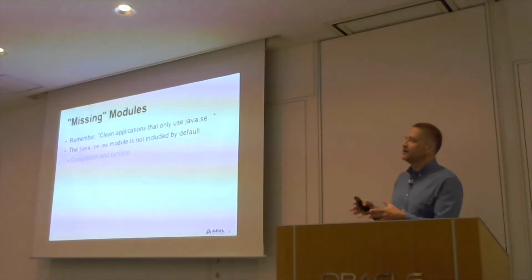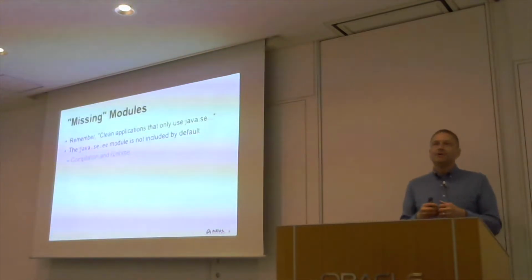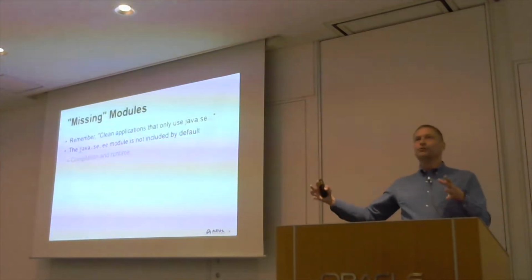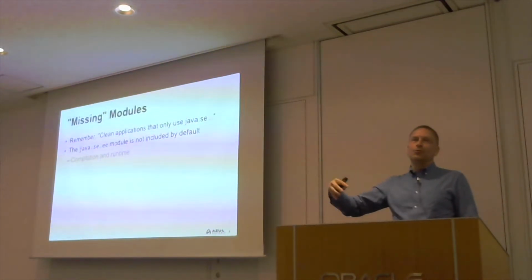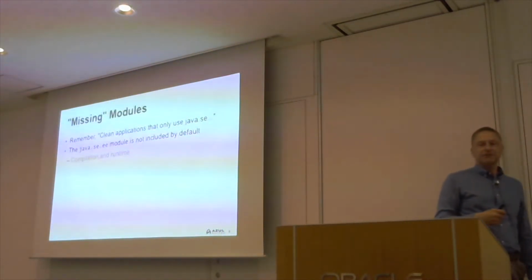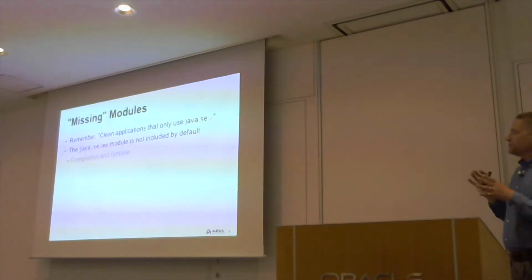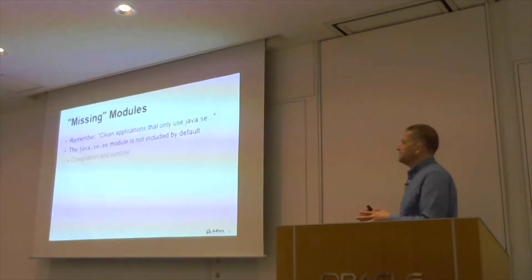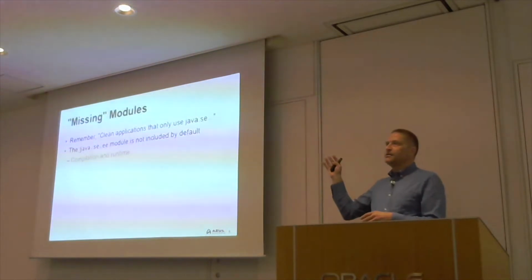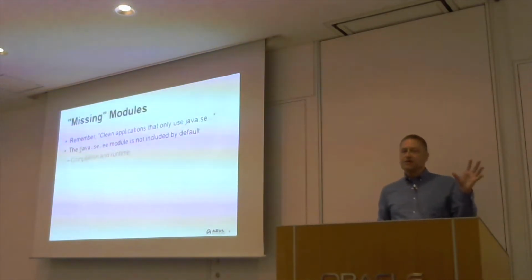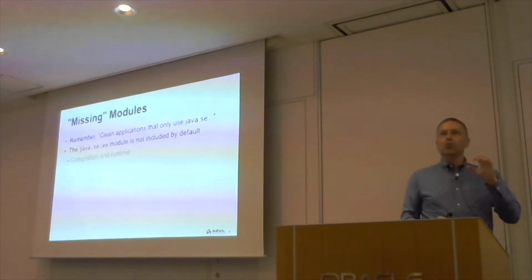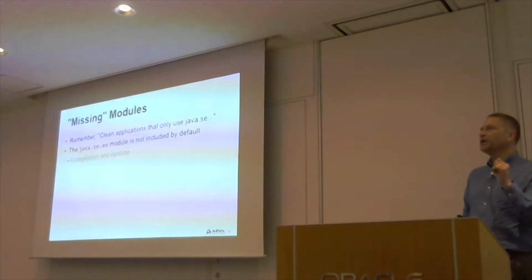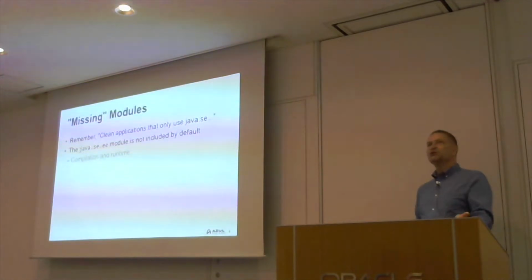They extended it beyond just the basic platform and started encroaching on the enterprise edition space. What the OpenJDK developers have said is that in JDK 9, anything which is included in the java.se.ee aggregator module will not be included by default for either compilation or runtime.